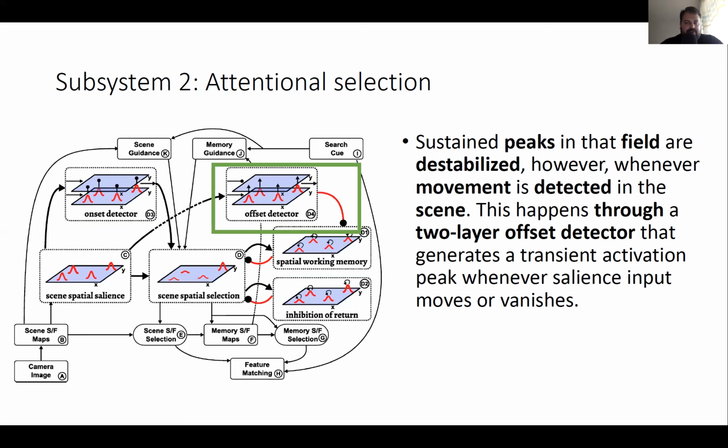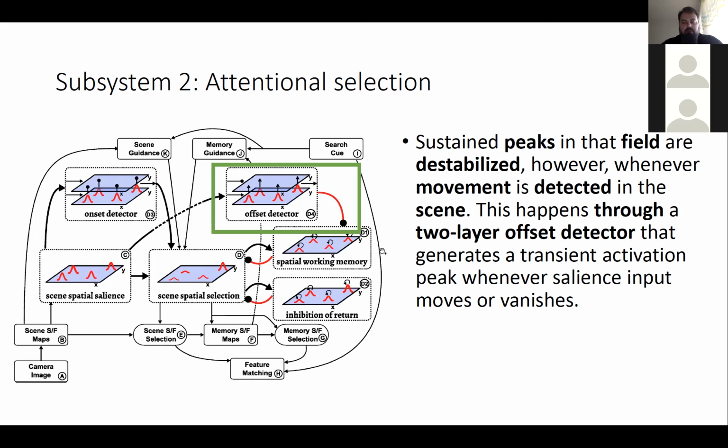The sustained peaks in this memory field are, however, destabilized when movement is detected in the scene. This happens through a 2-layer offset detector. If activation moves or vanishes in this field, the offset detector will create a peak and destabilize the information in this peak, so the peak will decay.